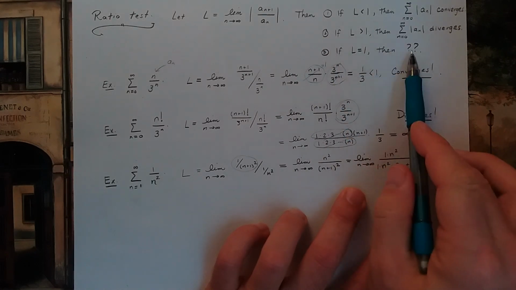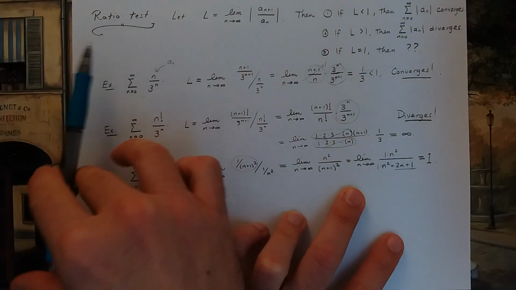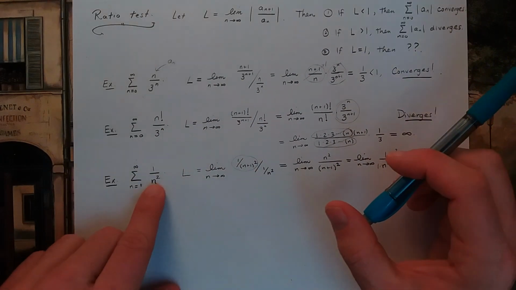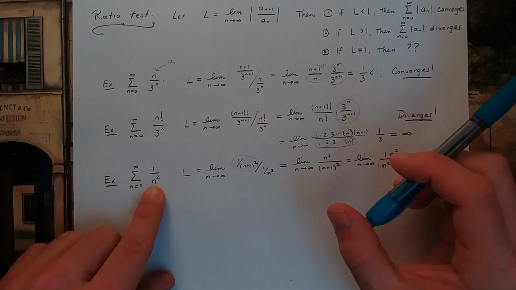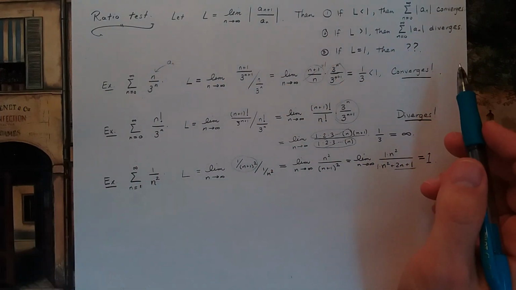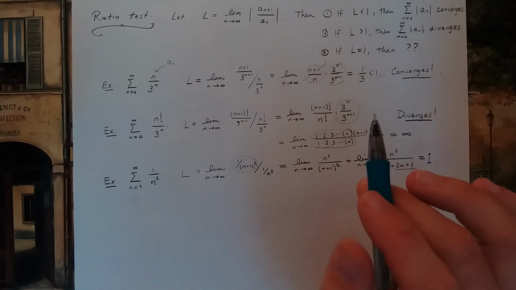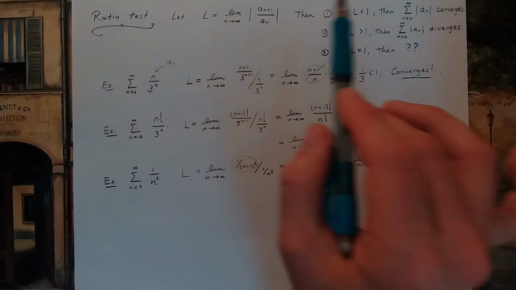That means I'm in case 3. That means the ratio test tells me no information. I already know the series converges. It's a p series, but the ratio test does not help decide anything for me. So that's an example of when the ratio test is inconclusive.